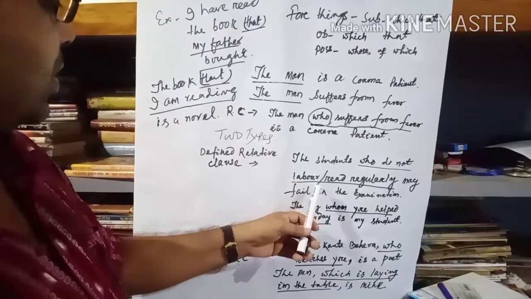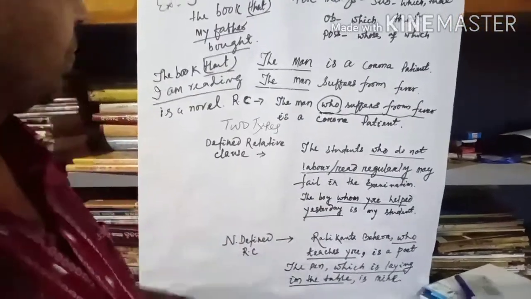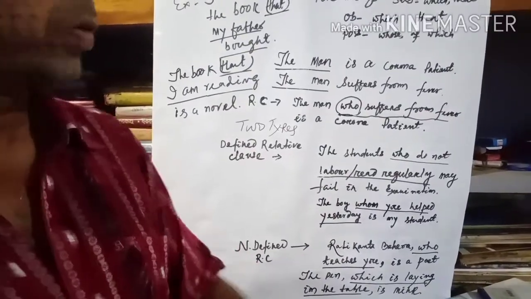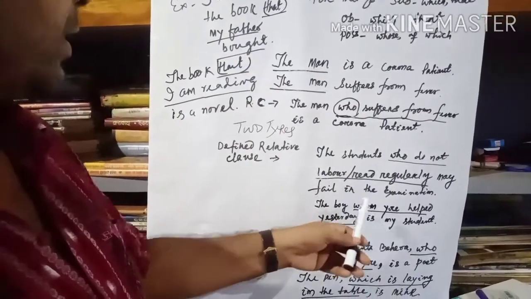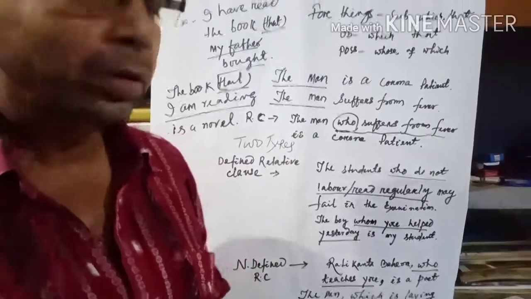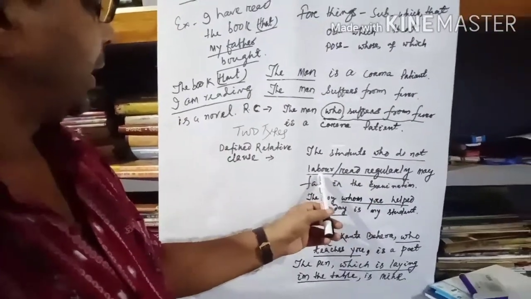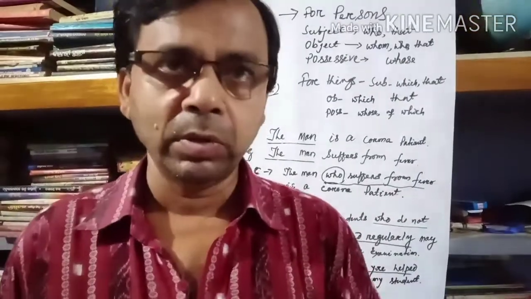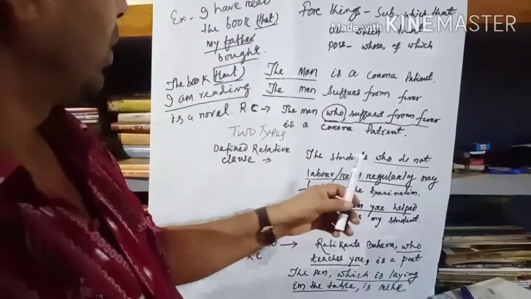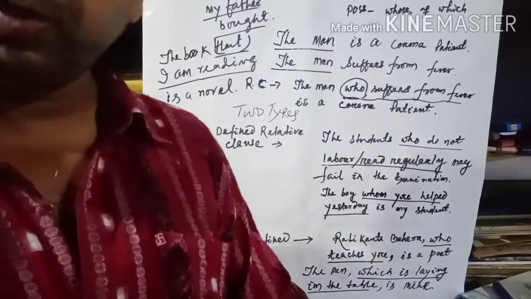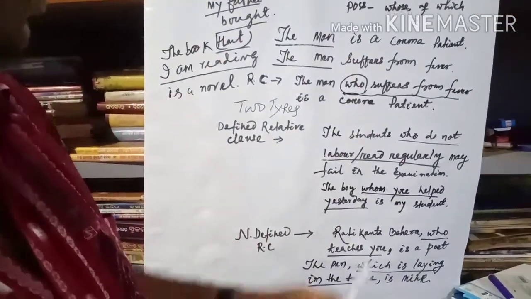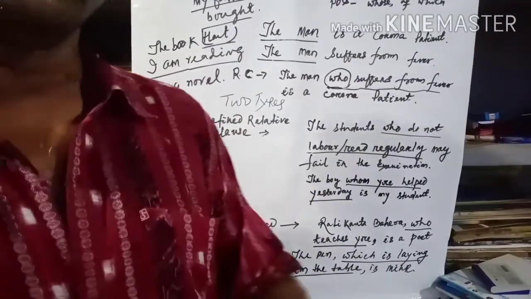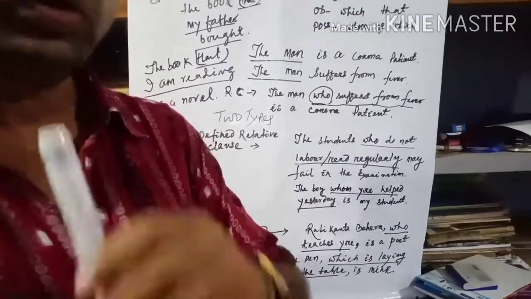This is a complex sentence, and the principal clause is the students may fail in the examination, and here who do not read or labor regularly is the relative clause, and this is the defined relative clause. You must be clear why it is called the defined relative clause.